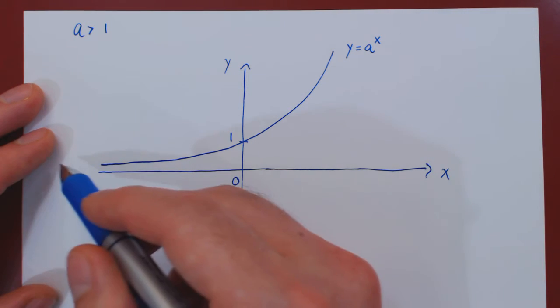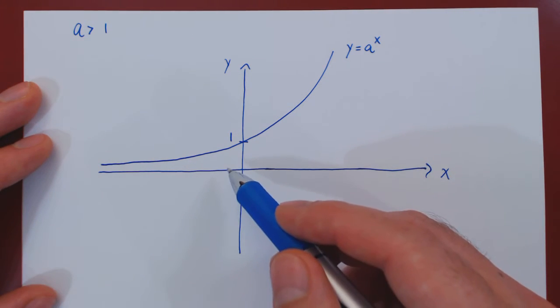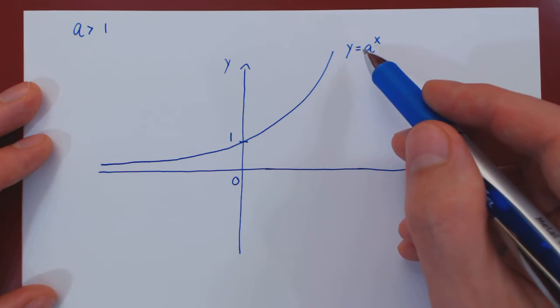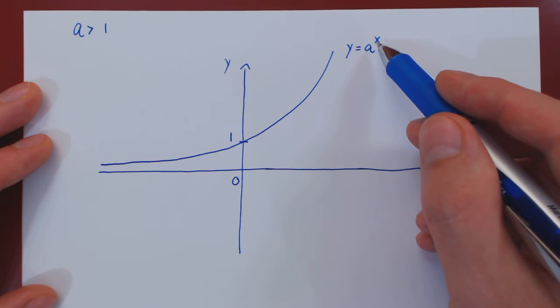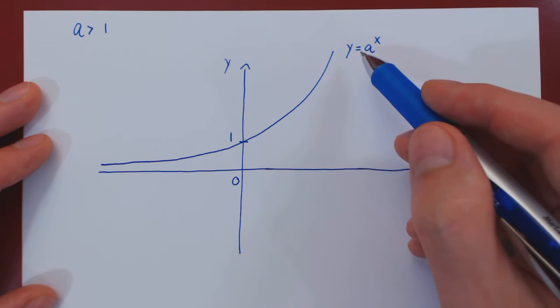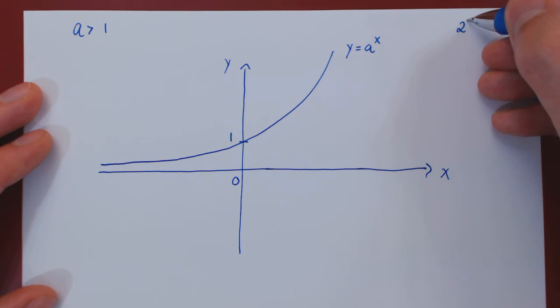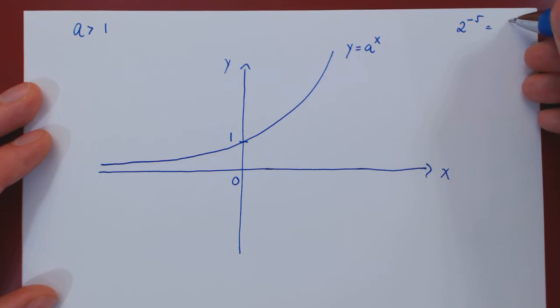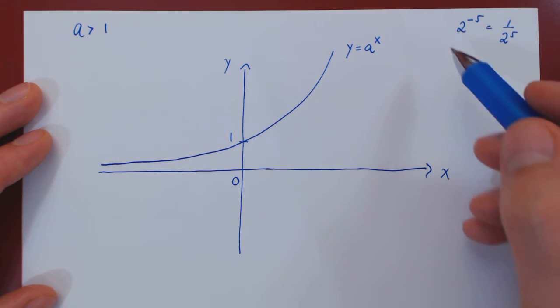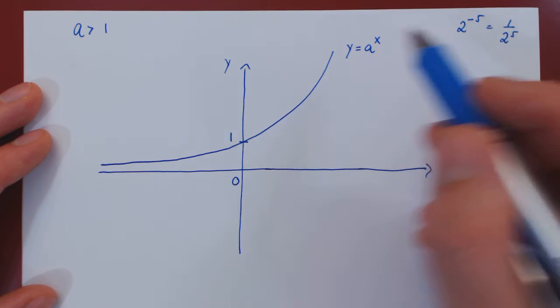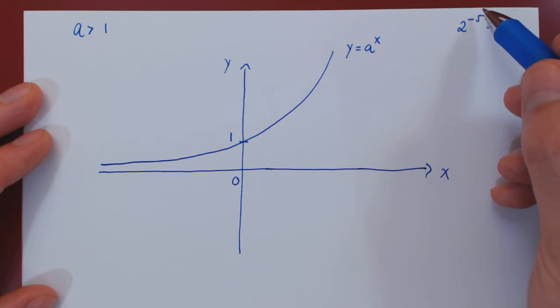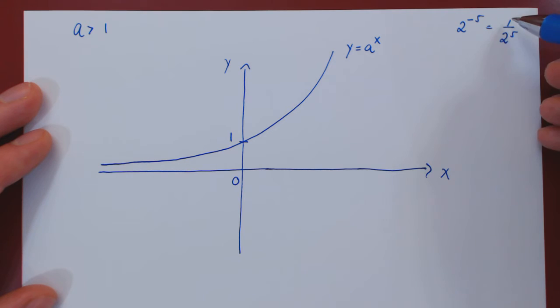Now what about the negative real axis? Well, if you think about this, when you take a number to a negative exponent, what you have is the reciprocal of that expression. Let's take a very simple example. If I give you 2 to the minus 5, this is 1 over 2 to the 5, which is of course 1 over 32. So any number that is larger than 1 raised to a negative exponent will be essentially, by the reciprocal, 1 over a really large number.